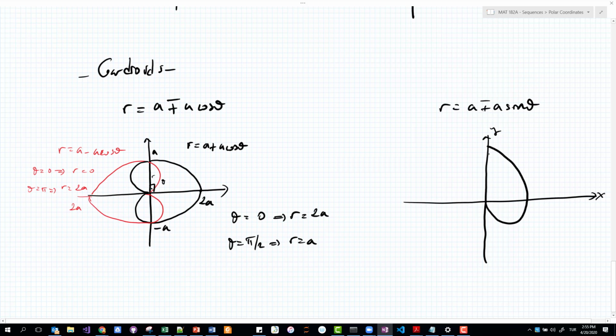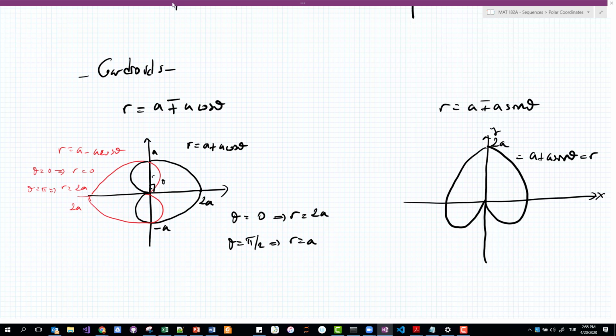So you can keep in mind, if you use sine theta, it needs to be related to the y-axis, and cosine theta needs to be related to the x-axis. That's going to be my cardioid when I use sine theta. This is the a plus a sine theta cardioid. You can use some values to figure out if your shape is correct.